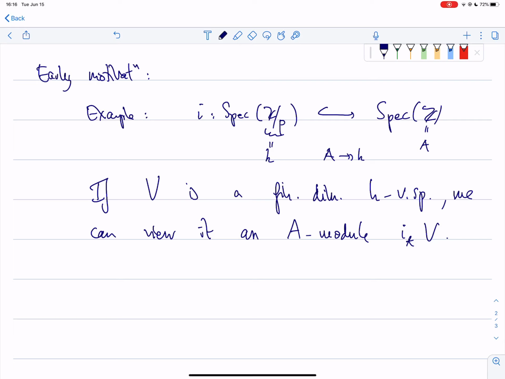But the point is that, for instance, the K dual, let's be precise, the K dual of V, well, it has the same dimension, right? It's really a non-trivial vector space.